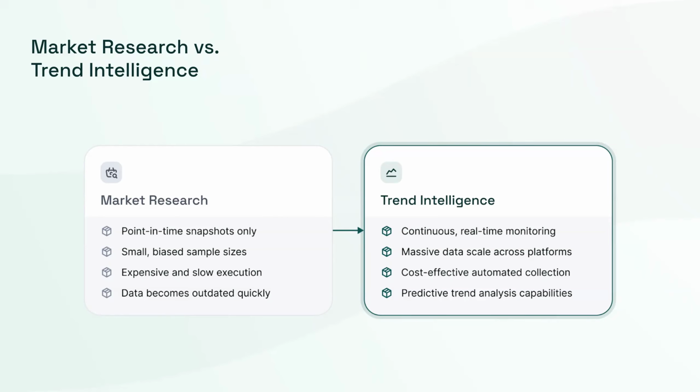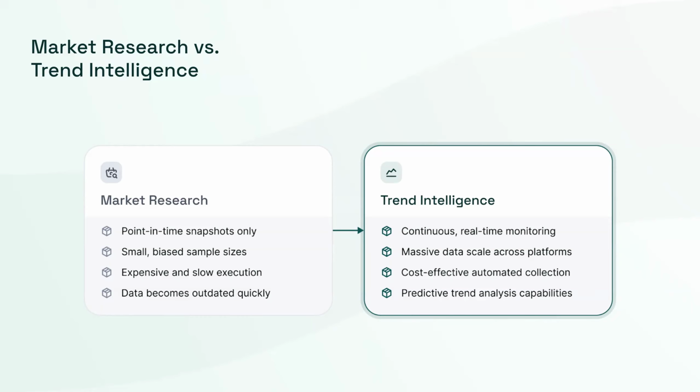The traditional approach relies heavily on point-in-time snapshots: surveys, focus groups, one-time studies. By the time you've designed the study, collected the responses, analyzed the data, and made decisions, the market may have already moved on. These methods also tend to work with small, often biased sample sizes.